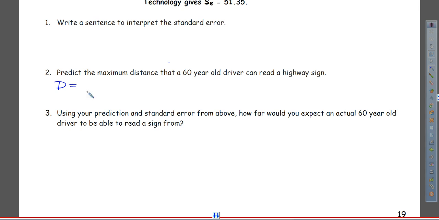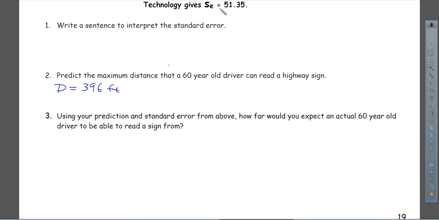I'm just filling in 2 again real quick. We had 396 feet as our prediction for a 60-year-old. Remember, on average, we expect that our prediction is going to be off by 51.35 feet, right? The standard error above. And we just need to make that kind of window. So if we predict 396 feet, that might be off, what?